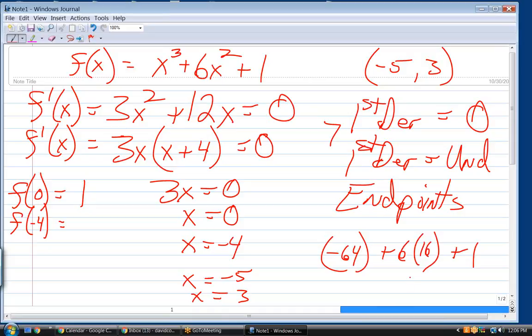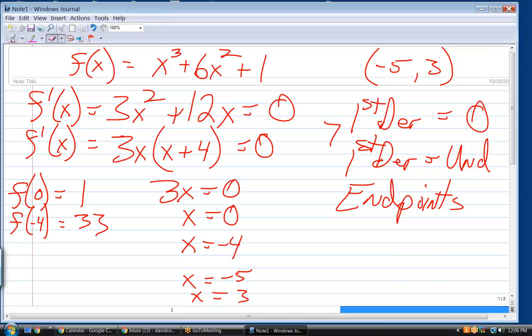Negative 64 plus 96 plus 1 is 33. Yes, that's right.